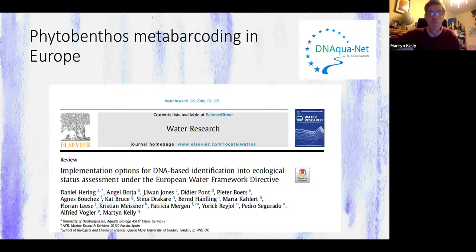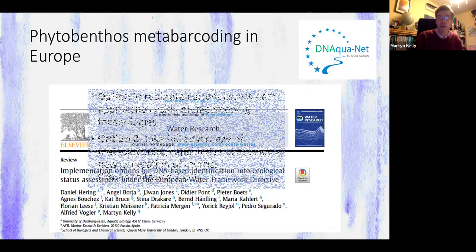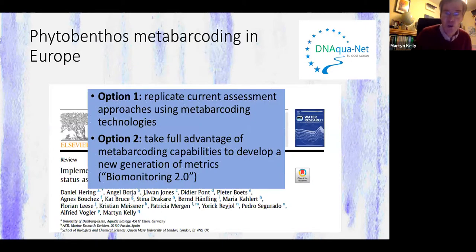Now, you might be aware of Donald Baird's proposal for something called Biomonitoring 2.0, taking full advantage of metabarcoding capabilities to develop a new generation of metrics.